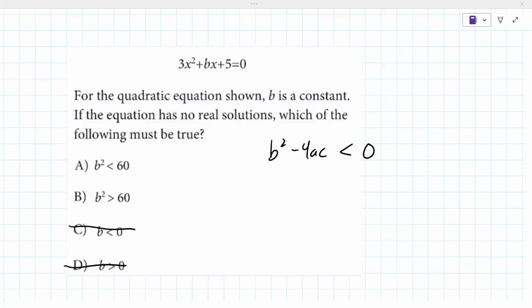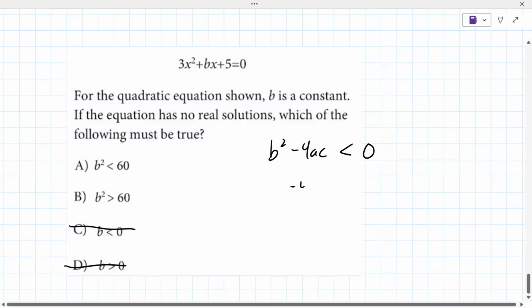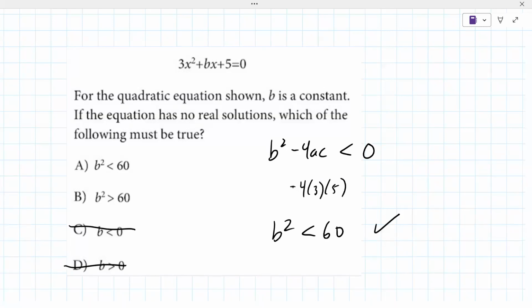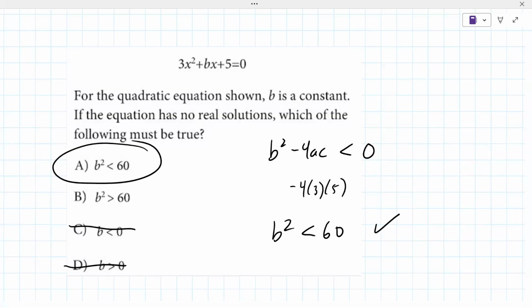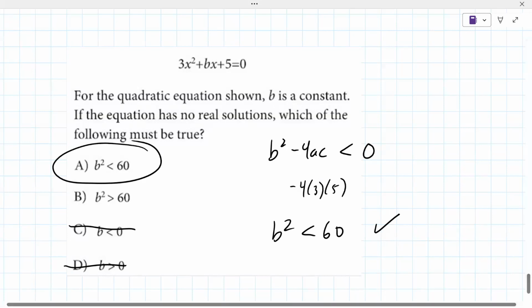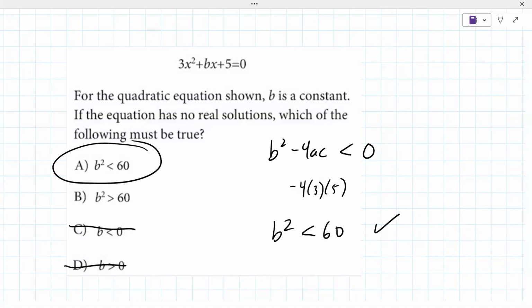So we got 4 times 3 times 5, which is 60. B squared has to be less than 60. It is letter A. Okay, so that kind of concludes everything on the quadratic formula that you might need to know for this.